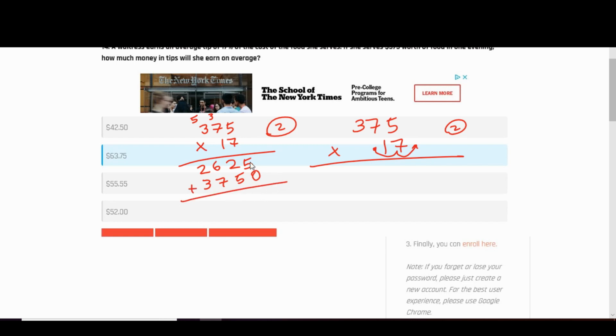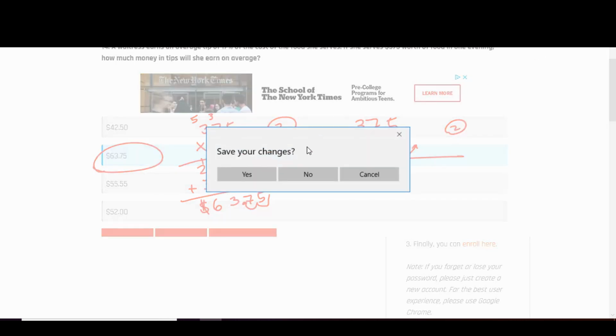Let's add. 0 plus 5 is 5. 5 plus 2 is 7. 6 plus 7 is 13. Carry the 1. 2 plus 3 is 5. Plus 1 is 6. Add our 2 decimals back in, and we can see that that's going to be 63.75, which is right there.